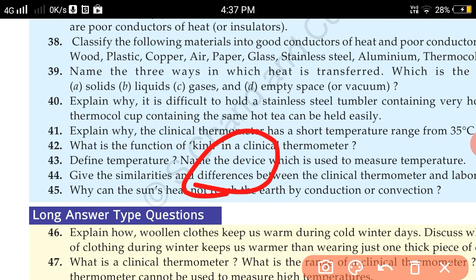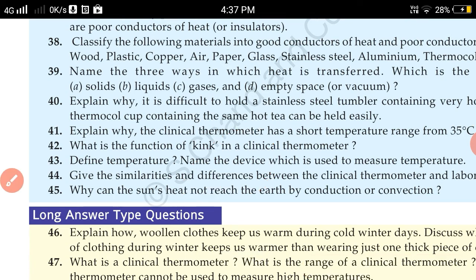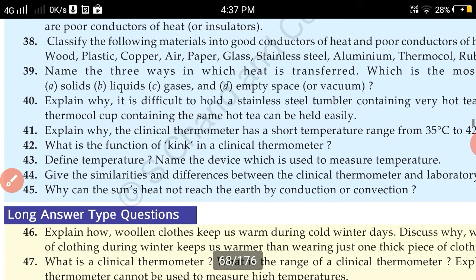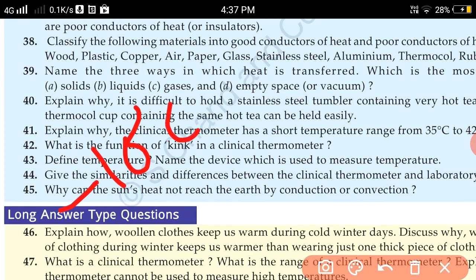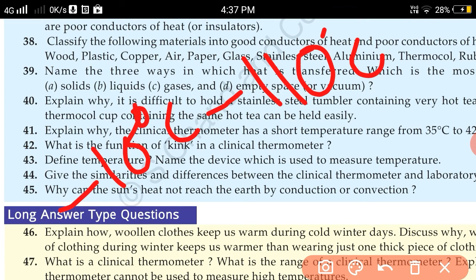Let's discuss the differences between the laboratory thermometer and the clinical thermometer. First of all, the size of the clinical thermometer is small, whereas the laboratory thermometer is big. The clinical thermometer has a small range of temperature measurement, that is 35 degrees Celsius to 42 degrees Celsius, whereas the laboratory thermometer has a large range of temperature, from minus 10 degrees Celsius to 110 degrees Celsius.